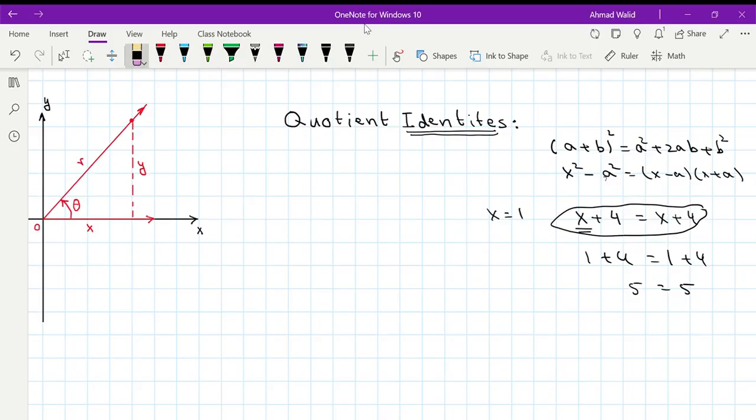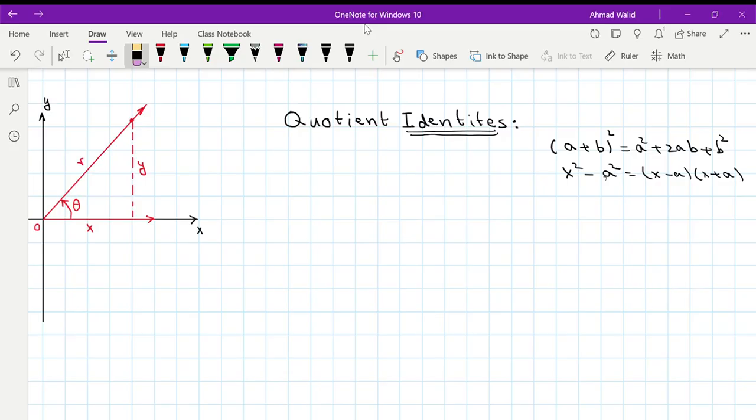It was a bit extra lecture about identities because when I start here with trig identities, I don't want my students to have a question, what does this identity mean actually, correct? Now, what are quotient identities?